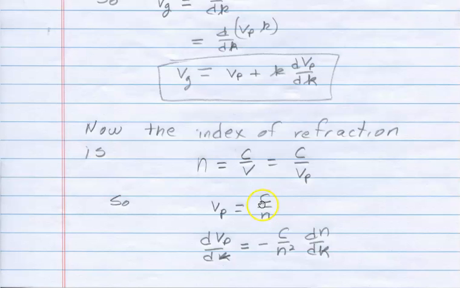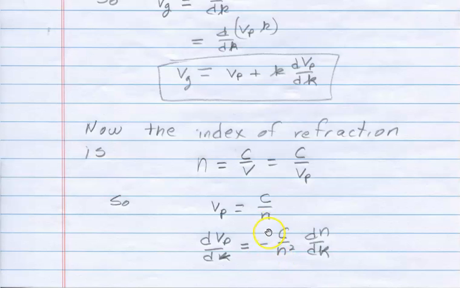Of course, the speed of light in the vacuum is just a fundamental constant. So if I take the derivative of the phase velocity with respect to k, it's just whatever the dependency is, using the chain rule on the index of refraction.